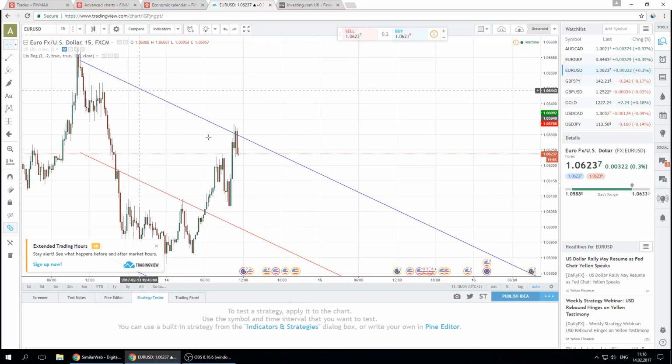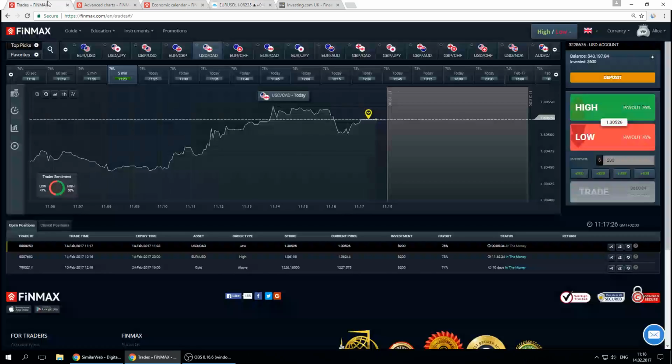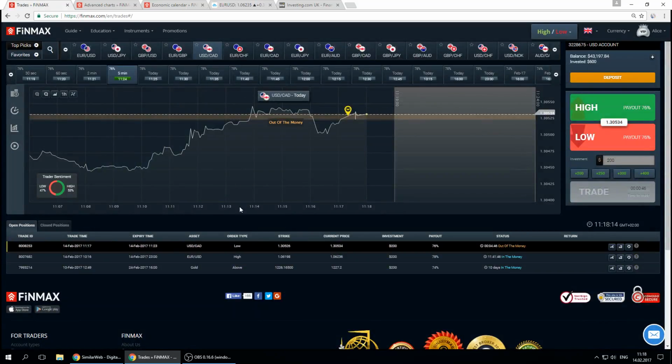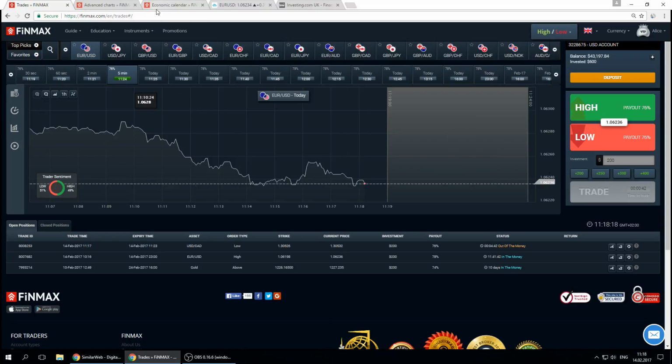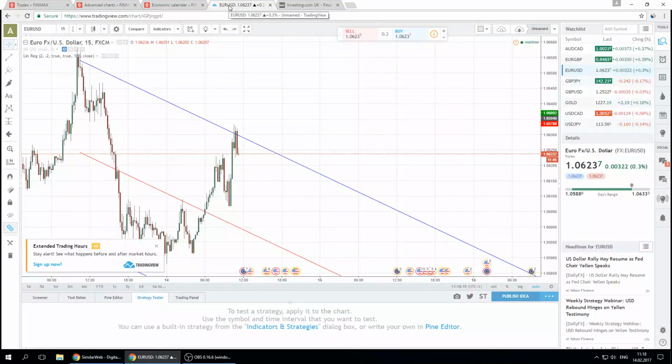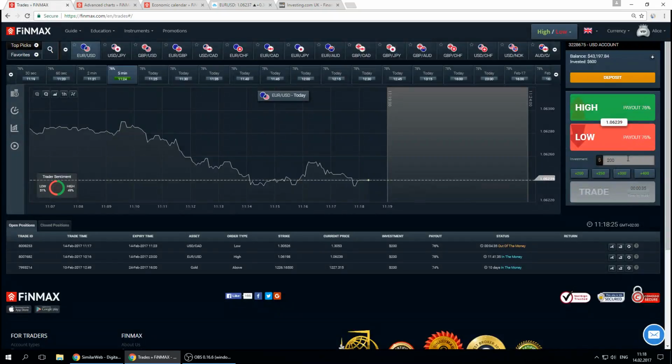So there is also a point to open the trade, but the prices were influenced by the economic news, so sometimes it causes a bit of chaos on the market. So Euro USD 15 minutes down. Let's open.